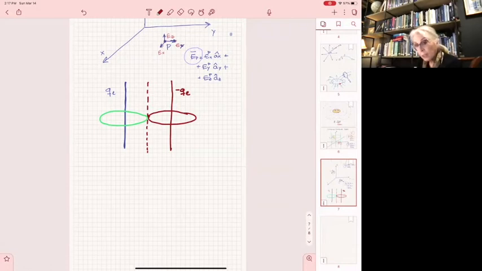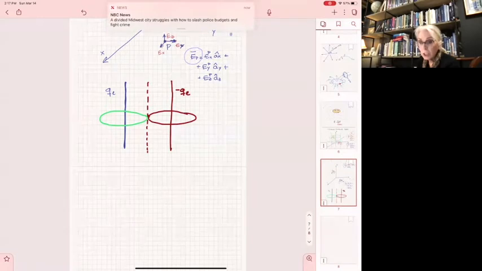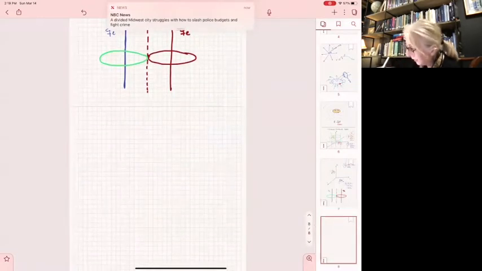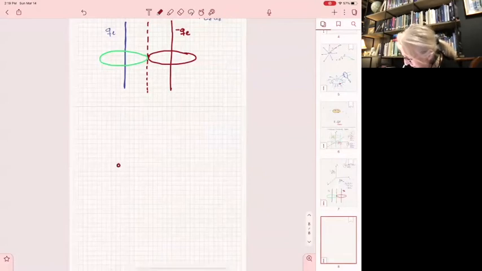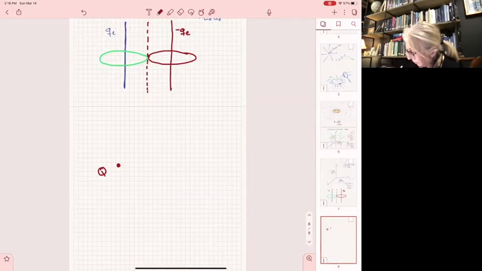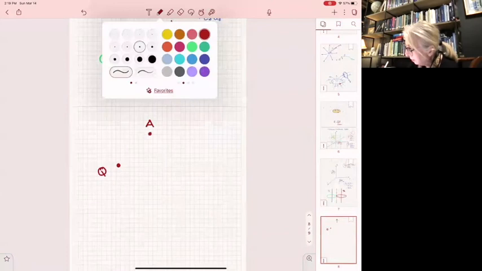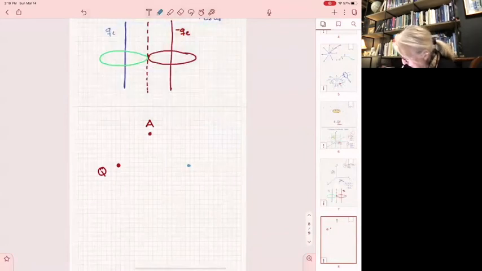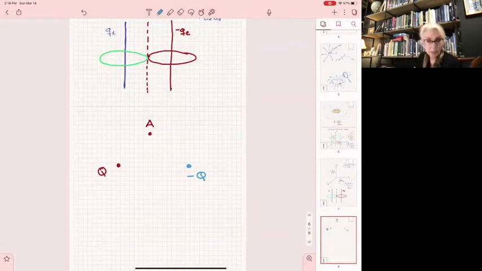I could do it because I will pay attention to the change in the direction, but you will make a mistake, especially in the spherical system. Let's assume you have a point charge here, Q, and then a point here, A. And let's assume that you have another point charge, minus Q, and you have this point A in the same location. And I'm asking you to find the total field at A.